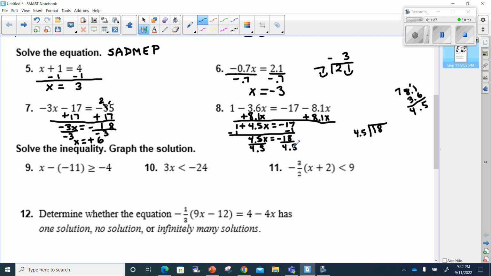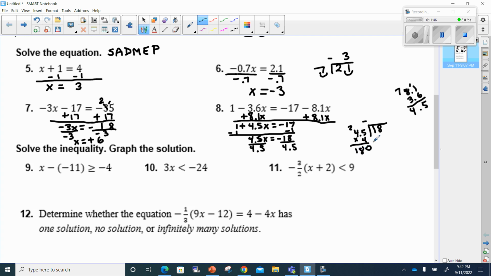Well, a negative divided by a positive is a negative number, so I know my answer is negative. When I multiply 4.5 times 4, 5 times 4 is 20, so that's a 0 with a 2. 4 times 4 is 16, plus 2 makes 18.